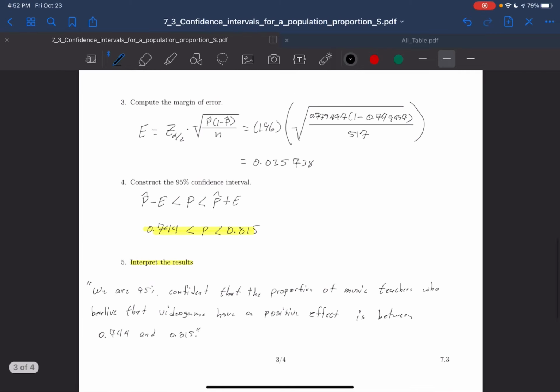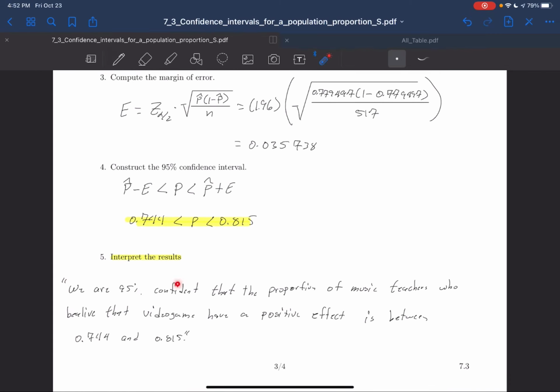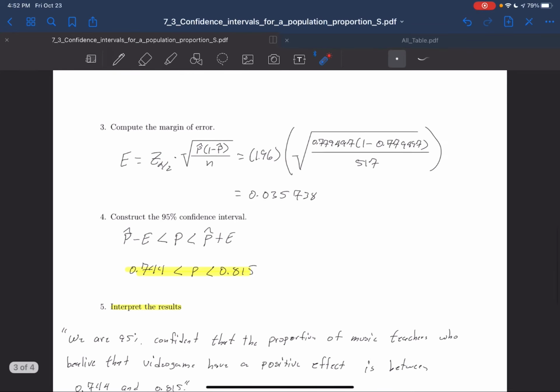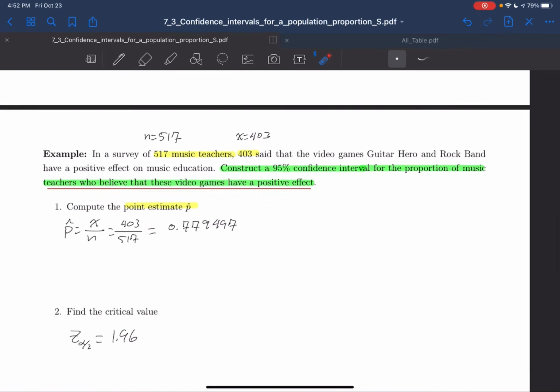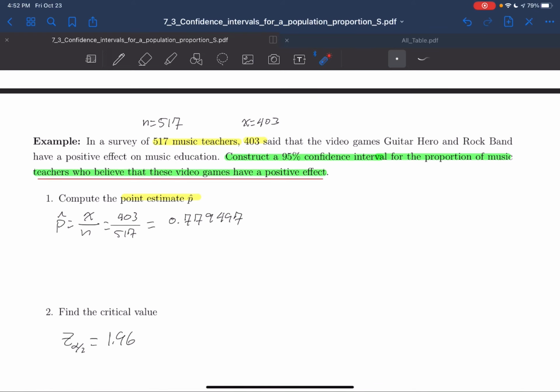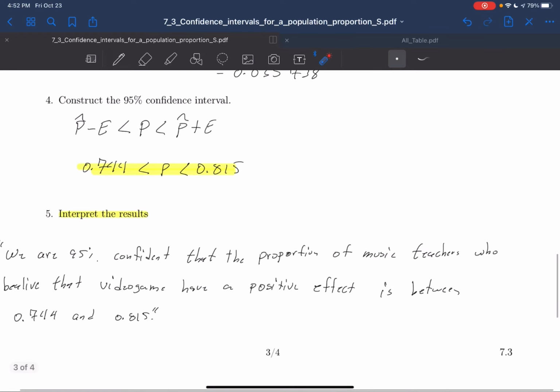Now notice that in my interpretation, I'm tailoring it to what the problem is asking, because we only care about the proportion of music teachers who believe that these video games have a positive effect, and that's what I wrote here.